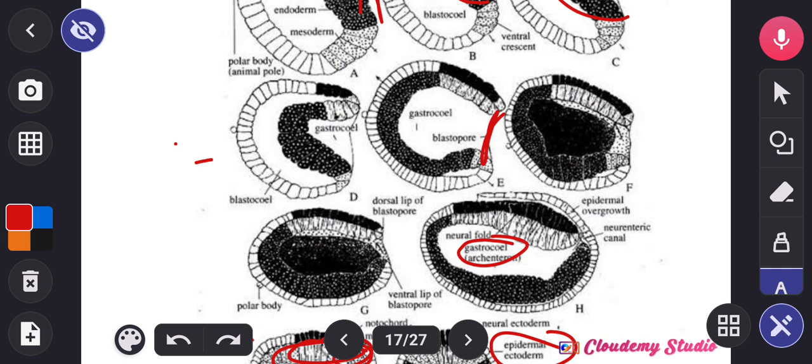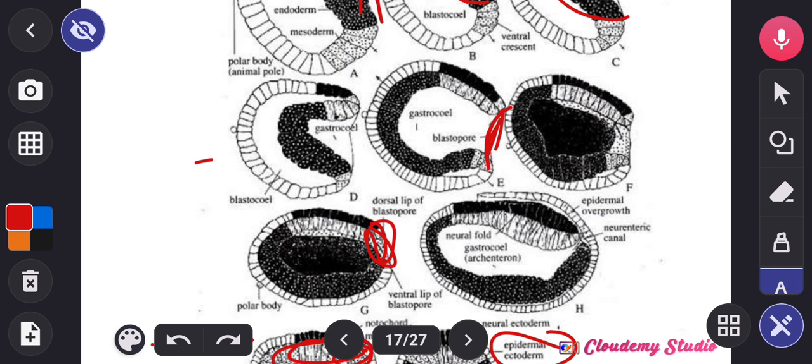The blastopore is very broad in the initial stage of gastrulation, but very soon it contracts into the archenteron, which makes it reduce to a very small size compared to its original orifice. In the initial stage, we have a very large blastopore, but as we go on, the blastopore continues to become smaller until it is reduced completely.